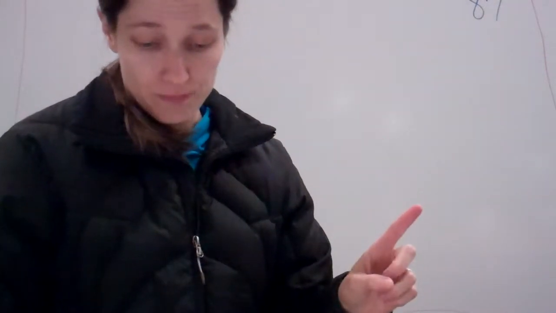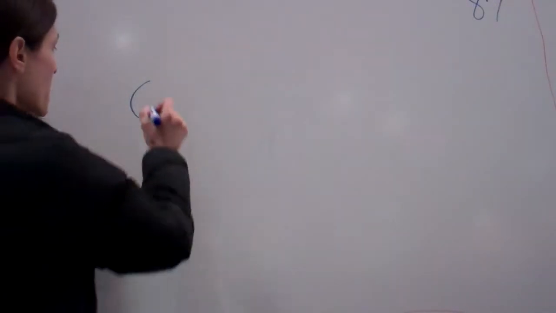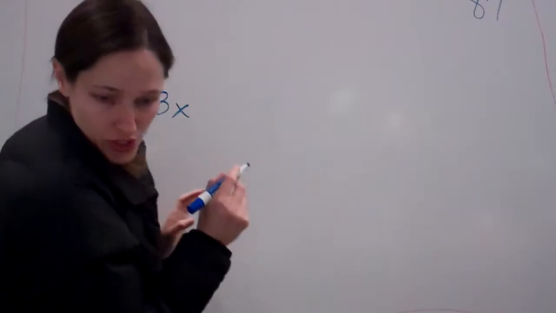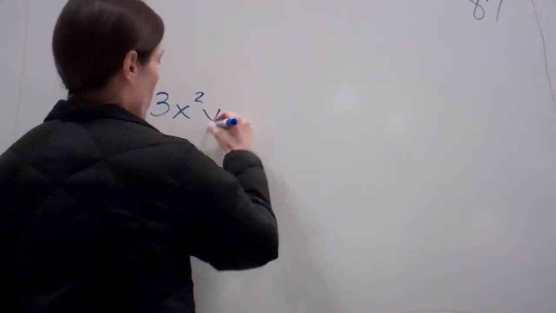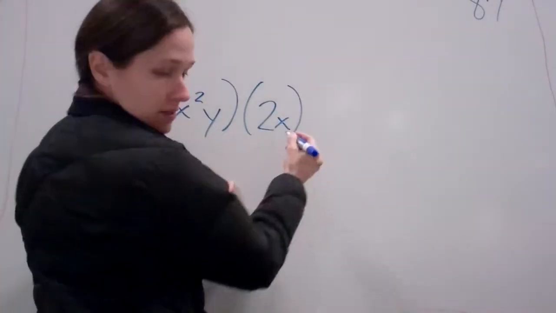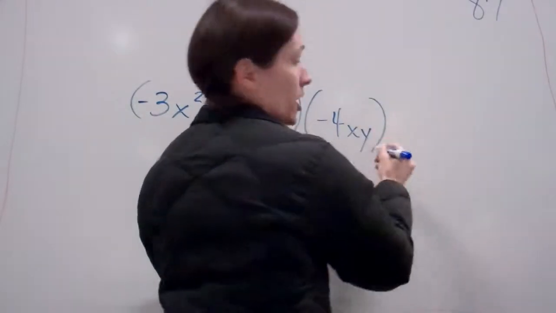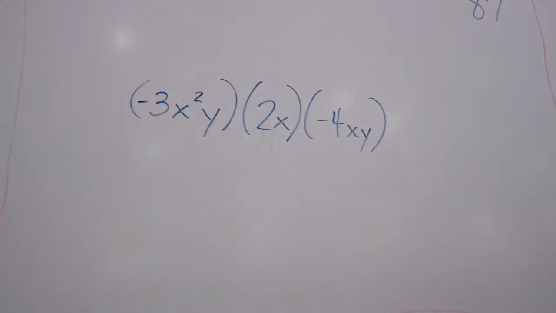and then step number 2 is to multiply the letters. Now, when things like this, this is where you're really going to have to pay attention. Negative 3x squared y multiplied by 2x multiplied by negative 4xy. Do not let this freak you out. It's a lot of letters, a lot of numbers, okay?